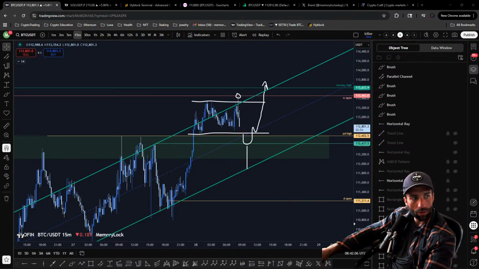In my weekly analysis, I had said weekly open and Monday high will be a big area of resistance in my opinion. Here we are now. The reason being that if it claims that zone, it flips the weekly into looking pretty bullish and leaves room to run to 116.7.